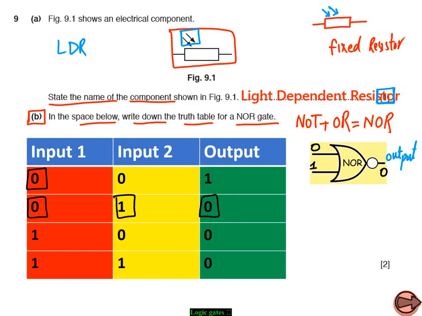Now let's move on to the next one. If one input is 1 and the other input is 0, our output has to be 0 again.